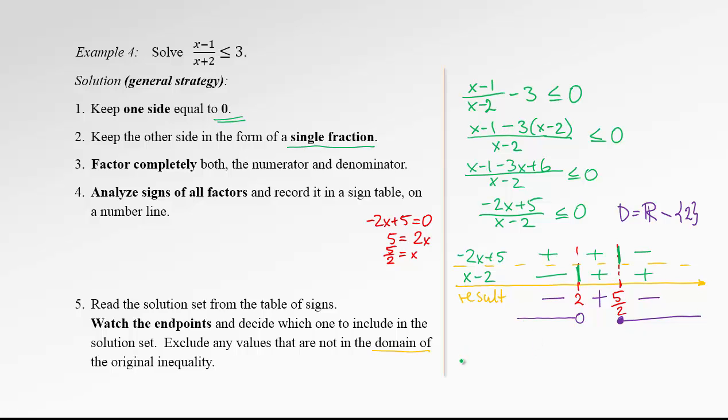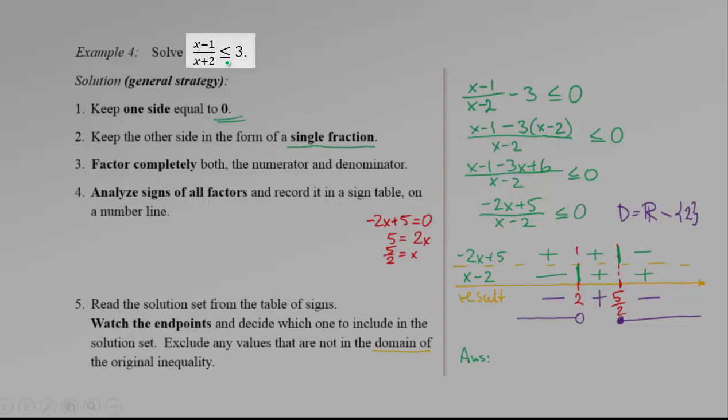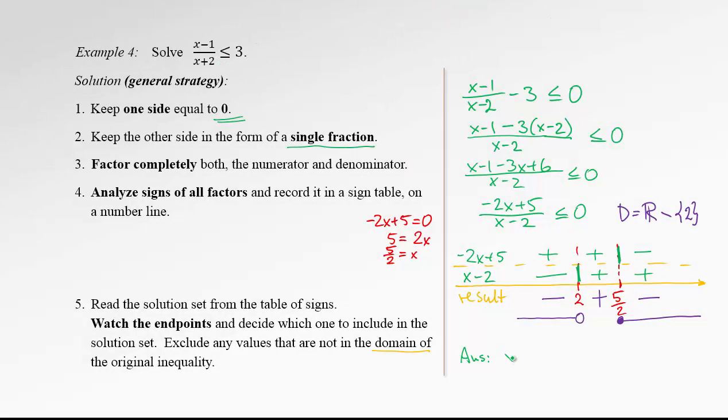Okay, so we are ready to give the final answer. The solution to our original inequality is the set of all x's from minus infinity until 2 without 2, together with the interval from 5/2 with 5/2 until infinity.